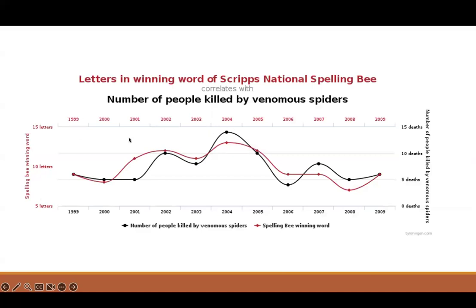Here is another set of data that compares the number of people killed by venomous spiders in different years, the black line, with the number of letters in the winning word of the Scripps National Spelling Bee. And you can see how this data, red and black sets, are what we call correlated. One goes up, the other goes up, one goes down, the other goes down. Their curve shapes are very similar.